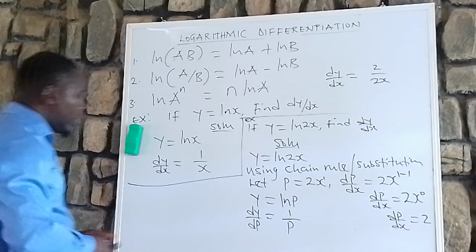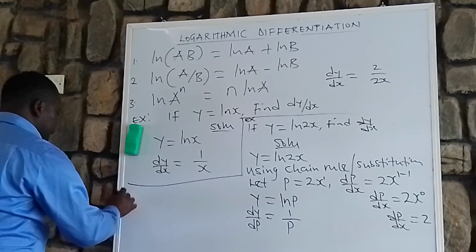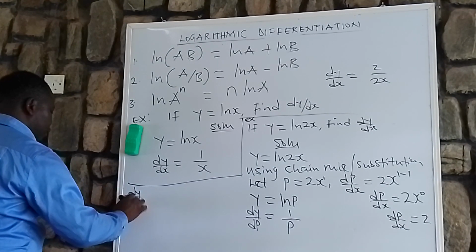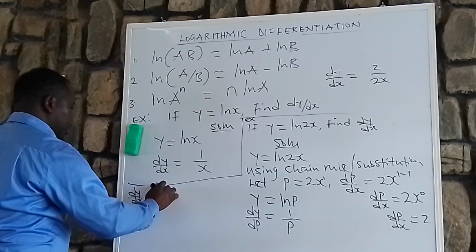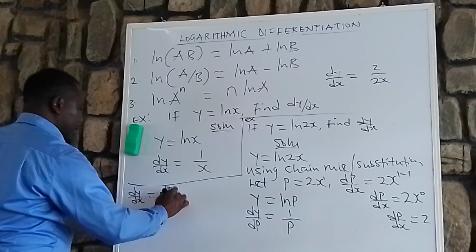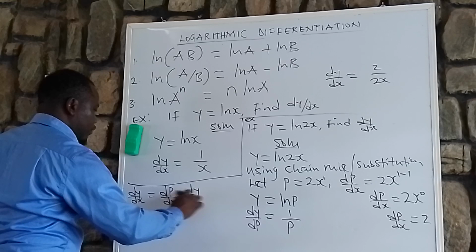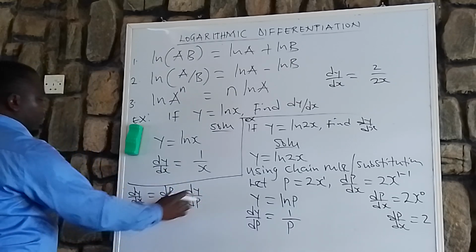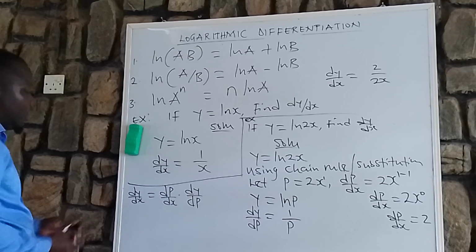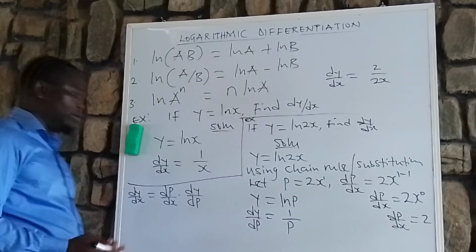So you now write dy all over dx is equal to either dp all over dx times dy all over dp, or dy all over dp times dp all over dx, because multiplication is commutative. True or false?